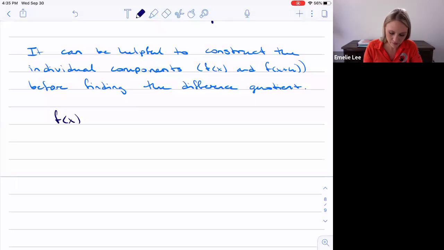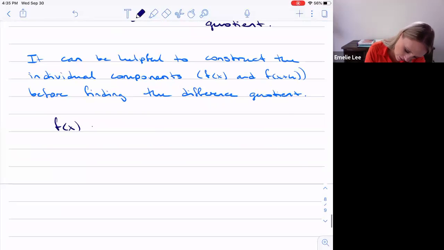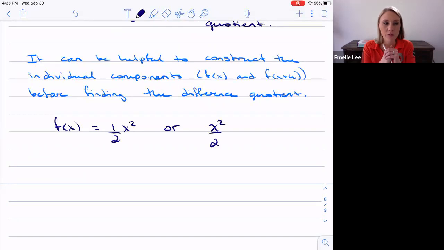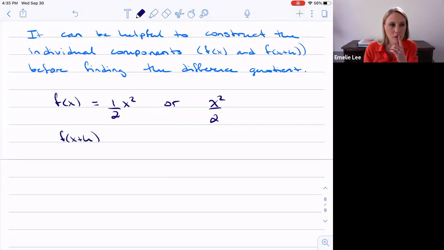Well, f of x was given, right? It's 1/2 x squared, which we could rewrite as x squared over 2 if we want. So it's 1/2 x squared or x squared divided by 2. Those are the same, of course. So that's fine, right? The tricky part is going to be f of x plus h.